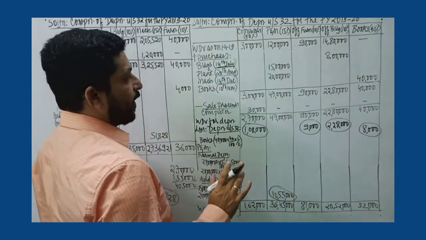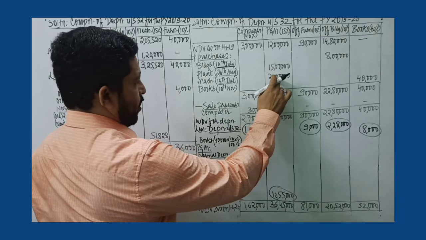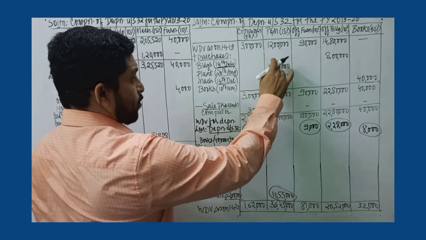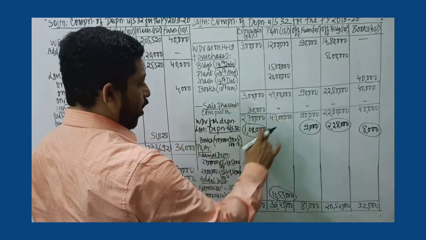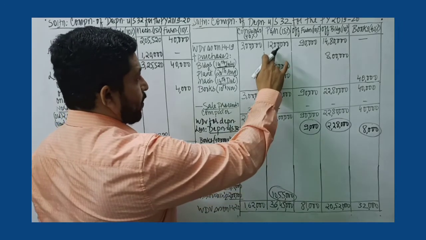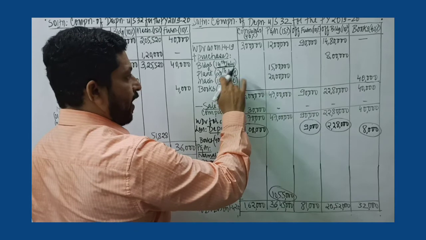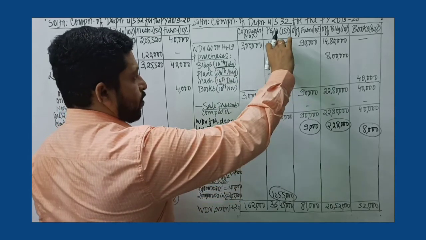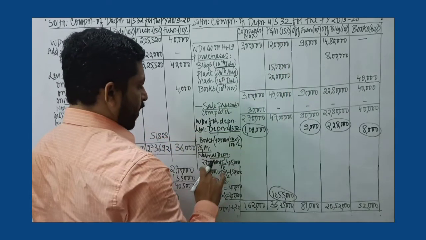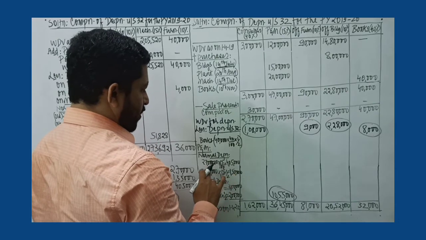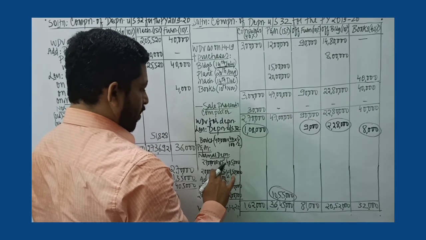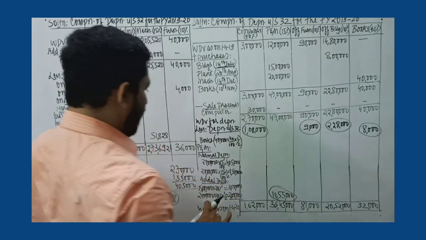So the important point in the problem is this plant and machinery. As usual, we have to charge normal depreciation. Normal depreciation on 12 lakh and on 15 lakh you can calculate for the full year. So I have just combined 12 plus 15 is 27 lakh into 15%.